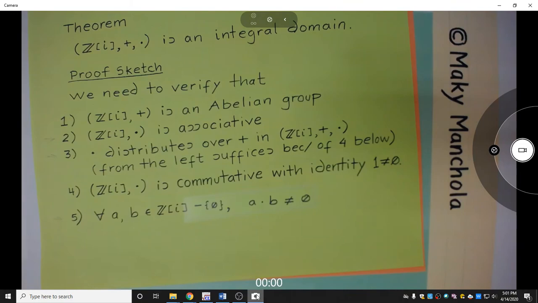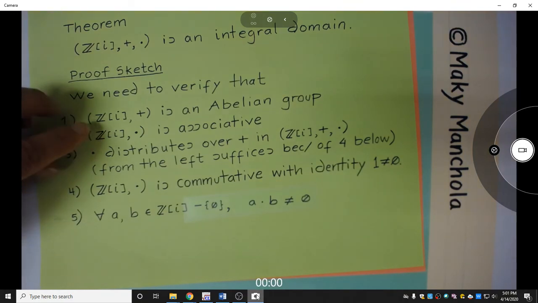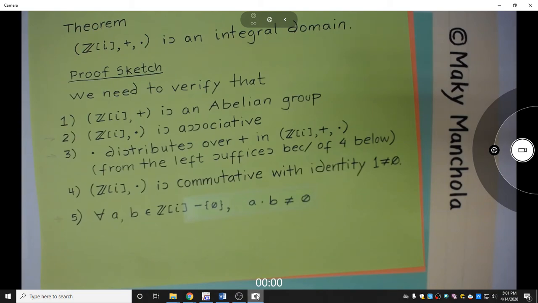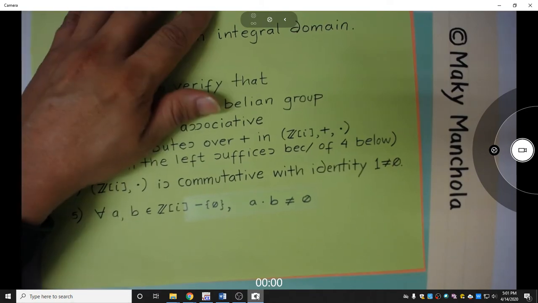Let's verify that multiplication of Gaussian integers is associative. A good way of doing that is to take 3 Gaussian integers and write them in polar form.